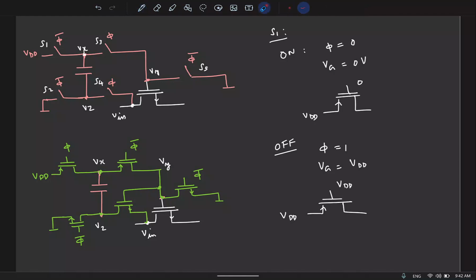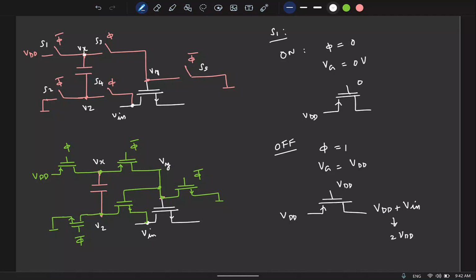And remember that when phi is 1, this switch is on, and this is also connected. So what will happen to Vx? Start with VDD and then go to VDD plus Vin. Vx will be at VDD plus Vin. That will be the voltage here, which can be as high as 2 VDD.